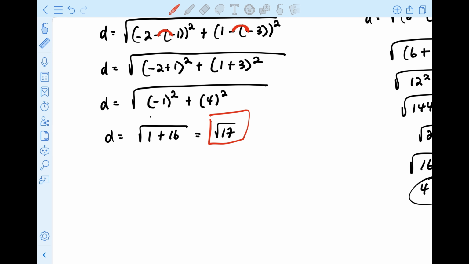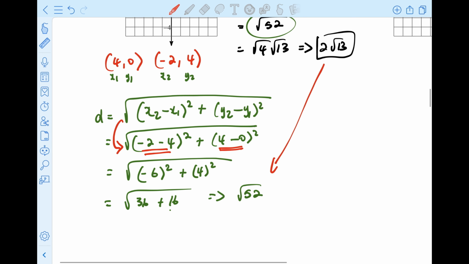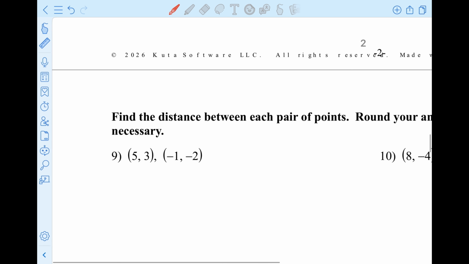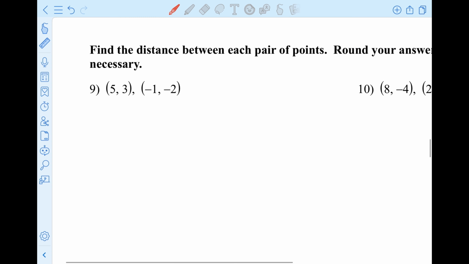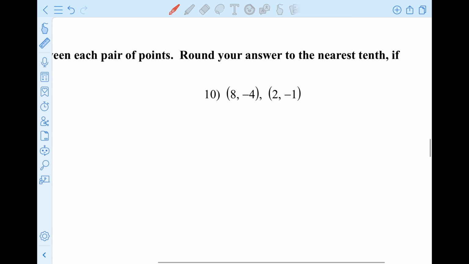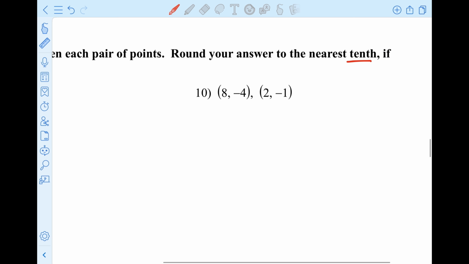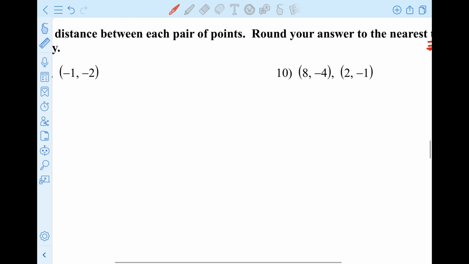Now, I did have some questions here that will require getting your answer, using your calculator, and rounding to the nearest tenth. Just a quick refresher on that here. So let's say you get an answer 9.372, right? Just reminding you of your place value.